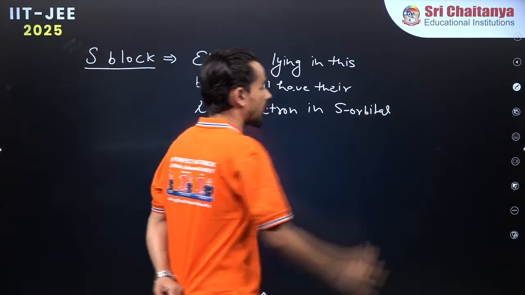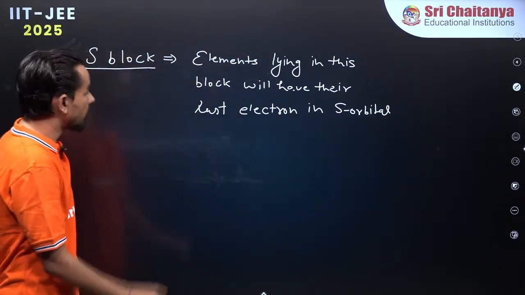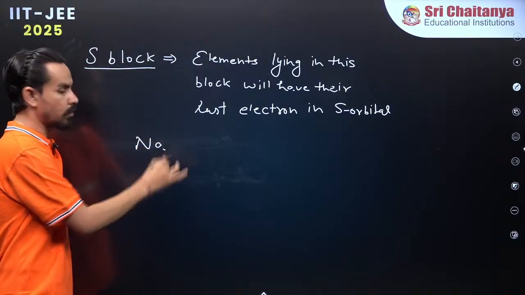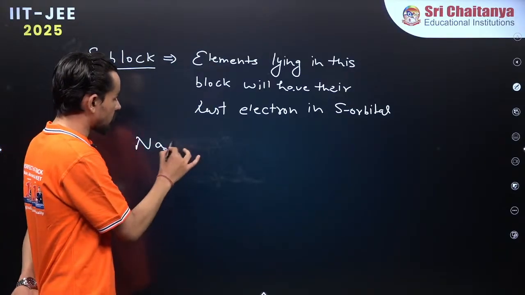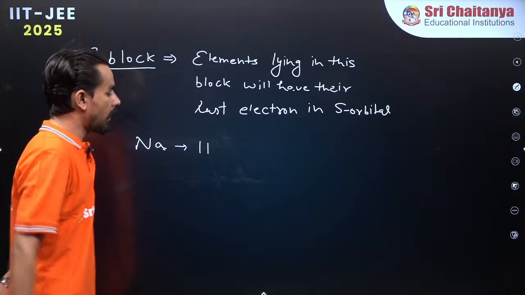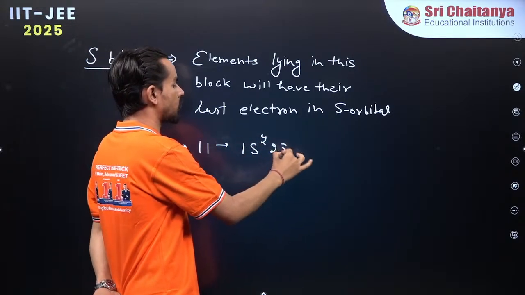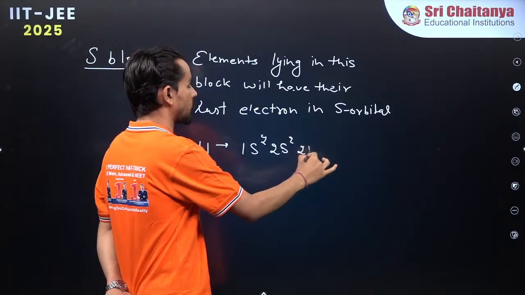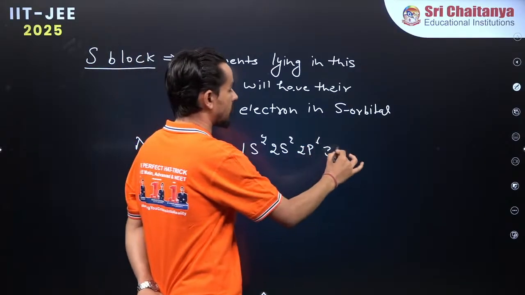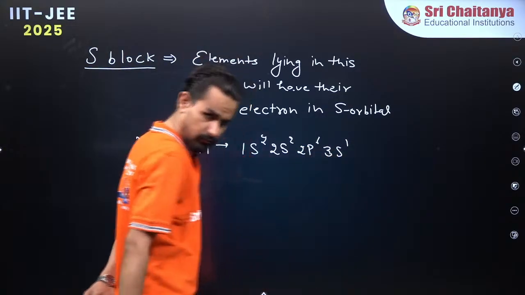That's why they are known as S block elements. Its example will be sodium. All of you know that sodium has atomic number 11, and what is the electronic configuration for this? 1s2, 2s2, 2p6 and 3s1.